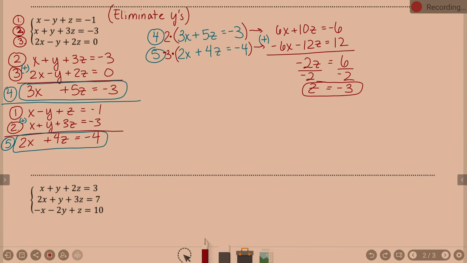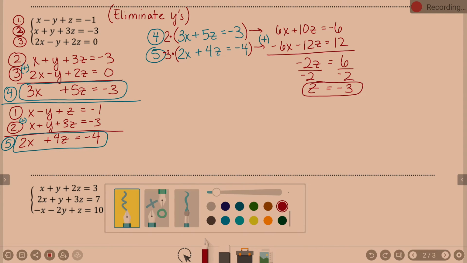Okay. What are your thoughts? What are we going to do with this z? Substitute it. Where are we going to plug it into? I'd do 4 or 5. Yeah, one of them. Because I only know one variable, I have to go back to someplace that has 2 variables. So your options are 4 or 5. Doesn't matter which. Pick the one that looks most pleasant to you. I would go back to my original 4 or 5. I wouldn't use these multiplied versions.